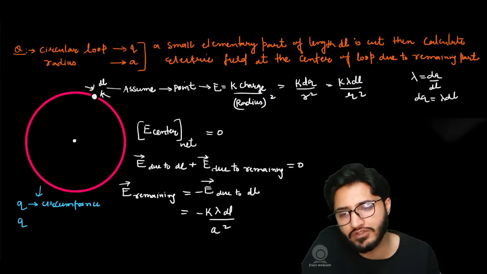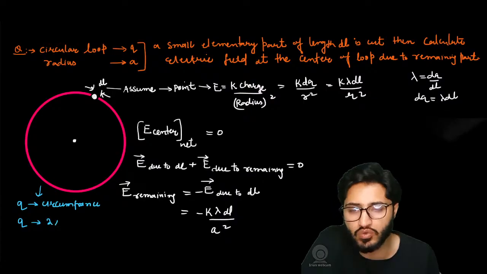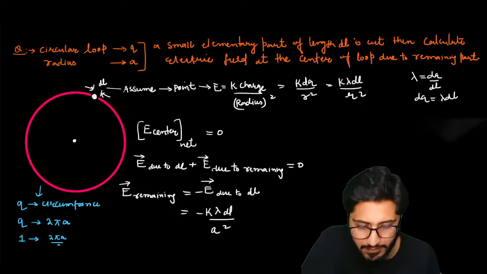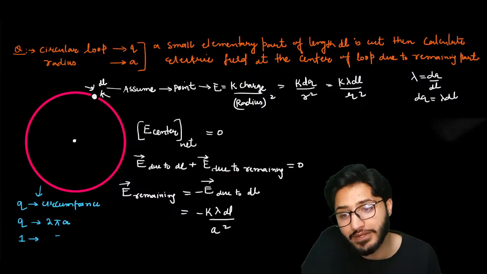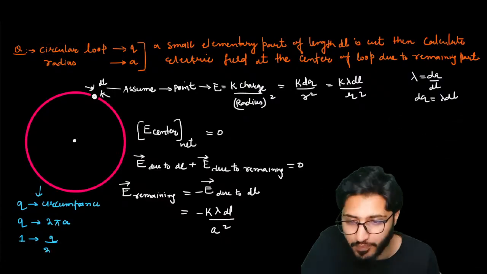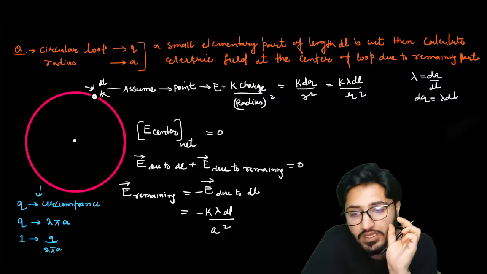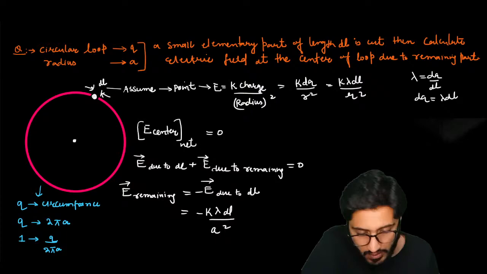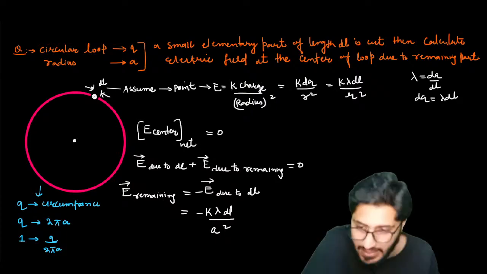What is the circumference of the circle? It would be 2 pi a. So on 1 unit, my charge would be equal to how much? Is it 2 pi a divided by q? No, sir. It would be q divided by 2 pi a. Now I don't have 1 unit, I have dl. So can I write dq equals q divided by 2 pi a into dl?